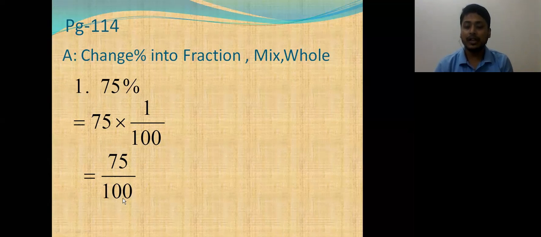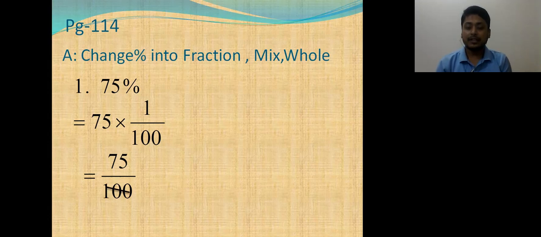Now the calculation. This 75 and 100 can be cut together by 25.